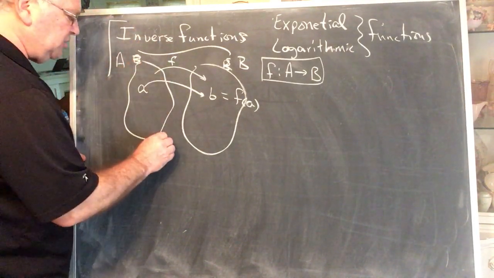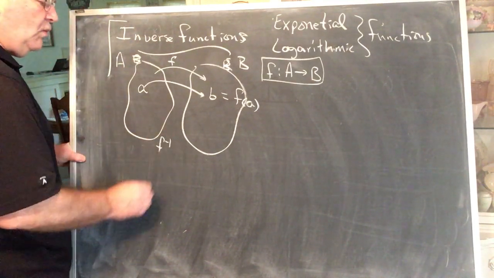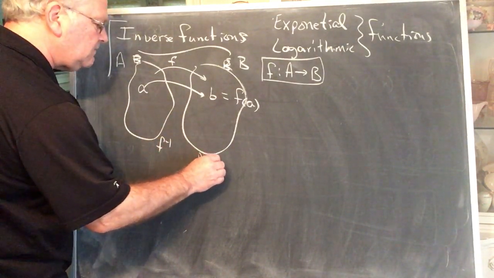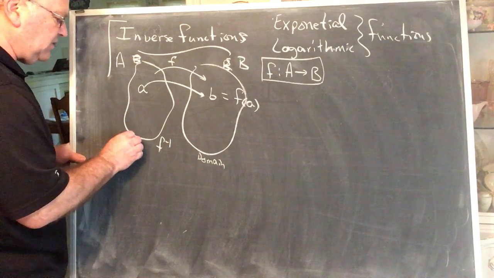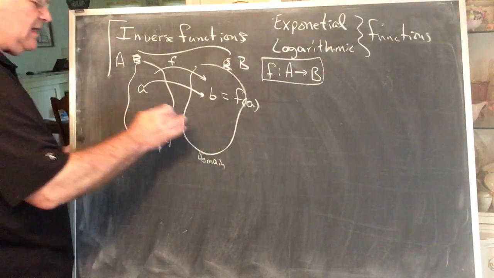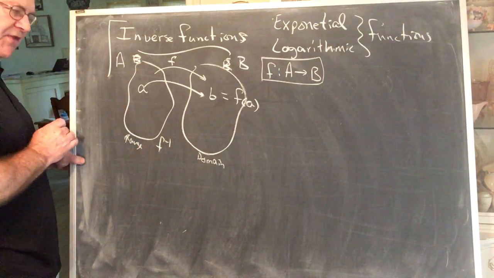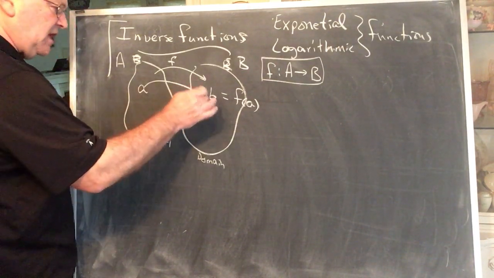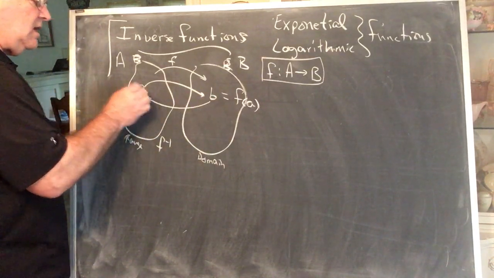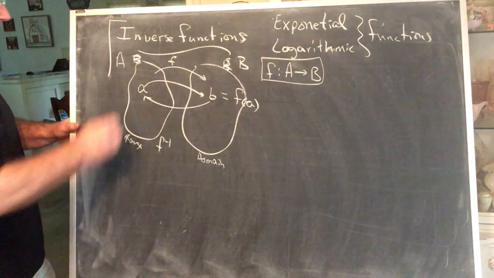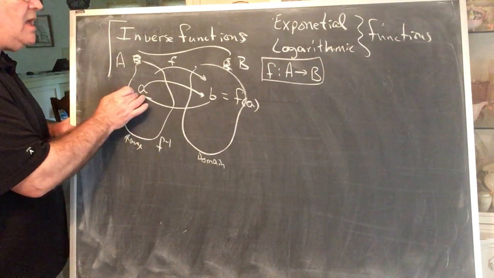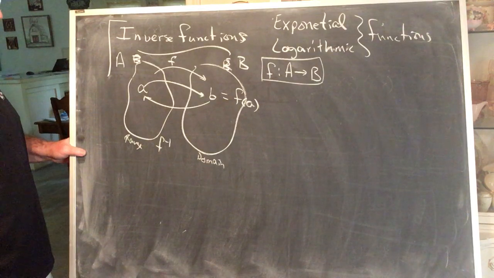An inverse function would be a function that takes this as the domain and this as the range, and the rule is this: f inverse of any value in this domain is the original value in the original domain that caused B to arise in the first place.